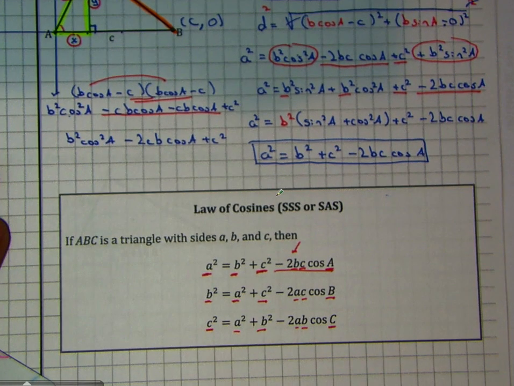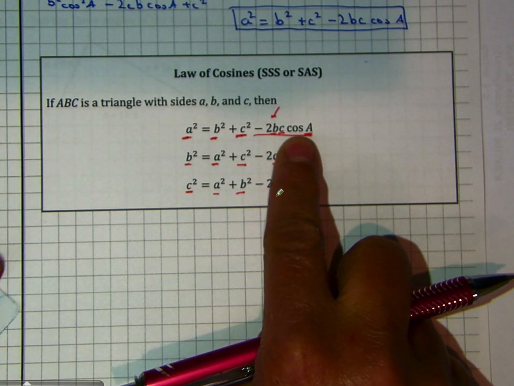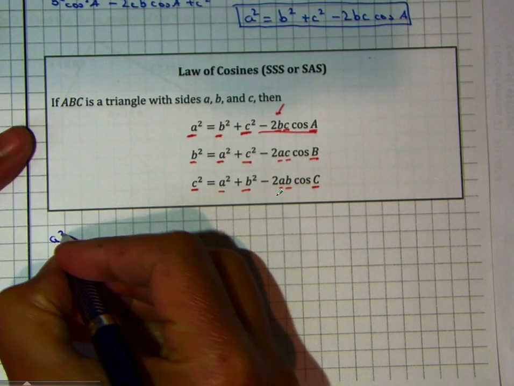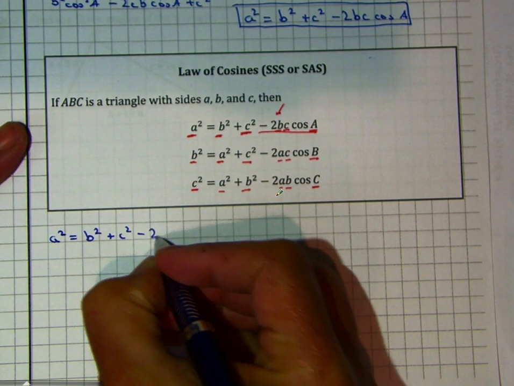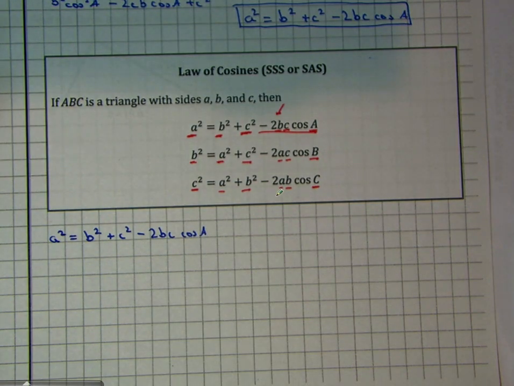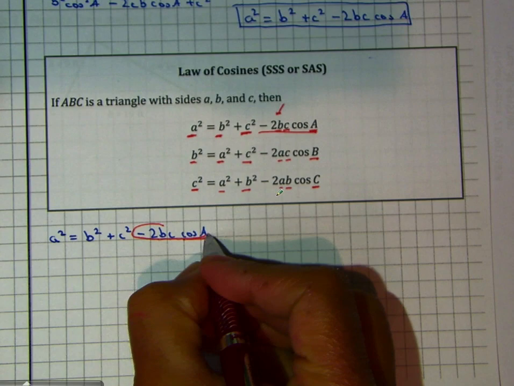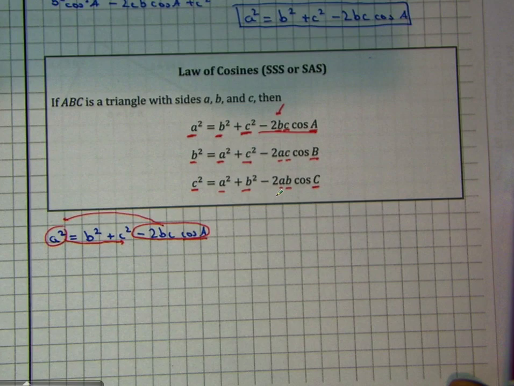Now, sometimes it'll be helpful to be able to solve for cosine of A, because sometimes we'll be looking for the angle. So right here on the left-hand side, let's take the time to solve for cosine of A. Let's write down the equation. I'm trying to leave the cosine of A by itself. So what I'm going to do is move my negative 2bc cosine of A to the left and my a squared to the right.